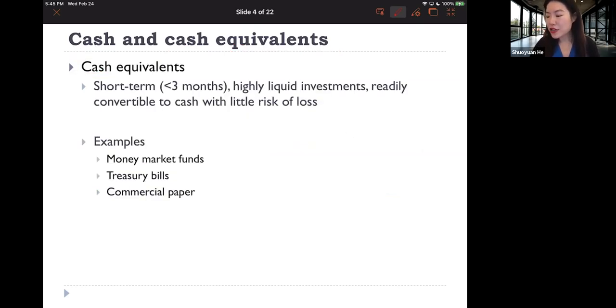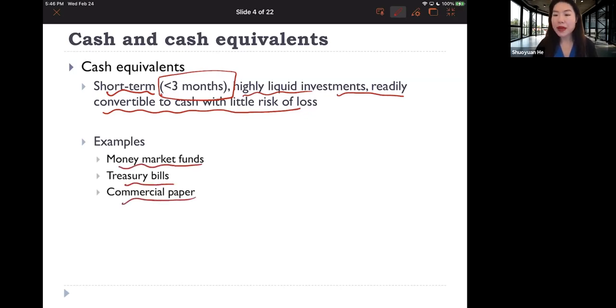Cash equivalent are short-term, highly liquid investments readily convertible to cash with little risk of loss. And what do we mean by short-term? Short-term, usually it is less than 3 months. And examples of cash equivalent, money market funds, treasury bills, commercial papers, but there's a condition here.